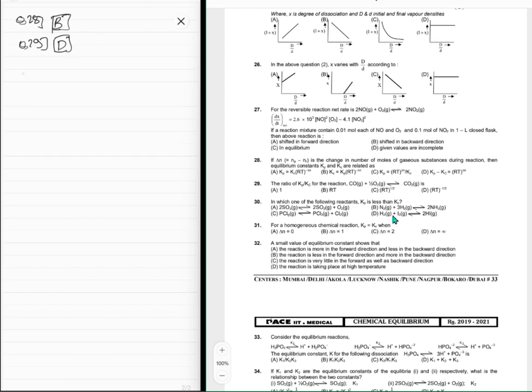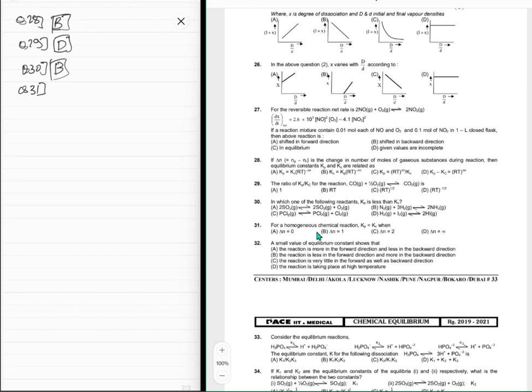Question number 30. Question number 31. For a homogeneous chemical reaction, Kp equal to Kc when delta N is... so homogeneous chemical reaction, that just means that the moles on right side and moles on left side is 0. That's what it means, right? No, wait. Sorry.